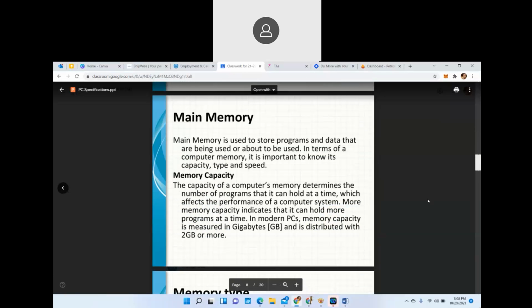So the next thing we're going to look at. Remember the takeaway for our processors: the main things we look at are speed and type. Now, main memory. When you talk about main memory, we're talking about random access memory.